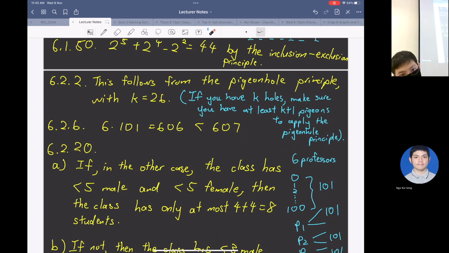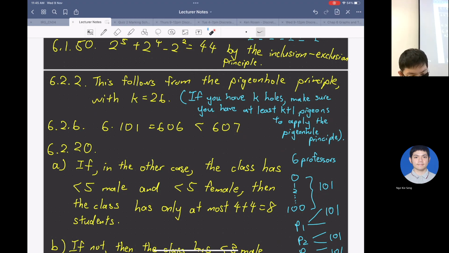6.2.6. You've got 6 professors, and the marks are from 0 to 100. How many students must there be to guarantee that there are 2 students with the same professor who earn the same final examination score?